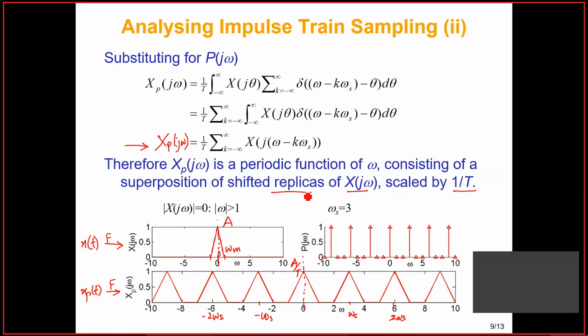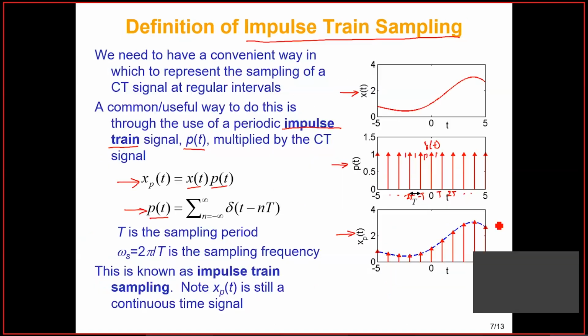Now, if you want to get back your x of t from xp of t, if you want to go from here back to here, how do we recover our original signal from the impulse sampled signal?